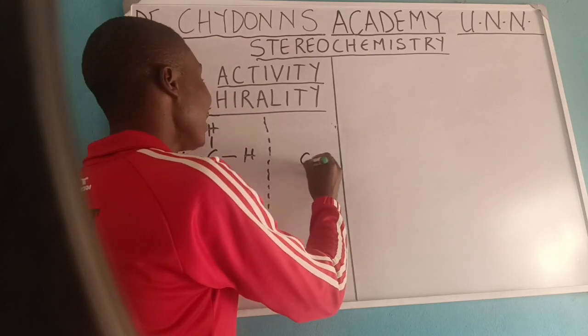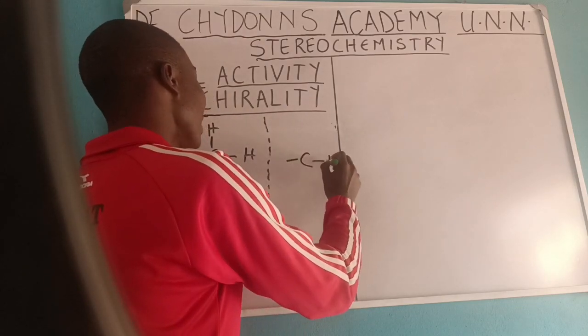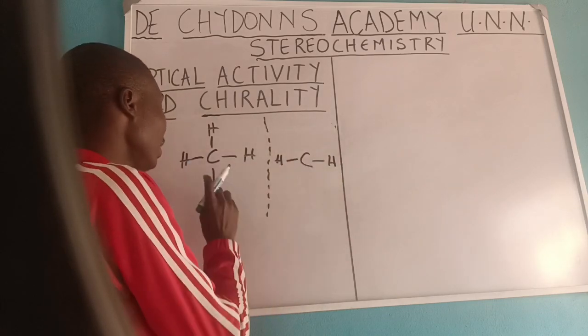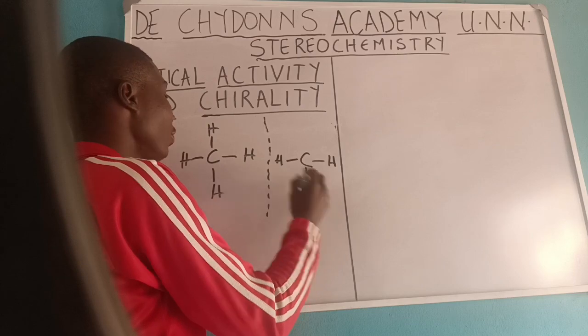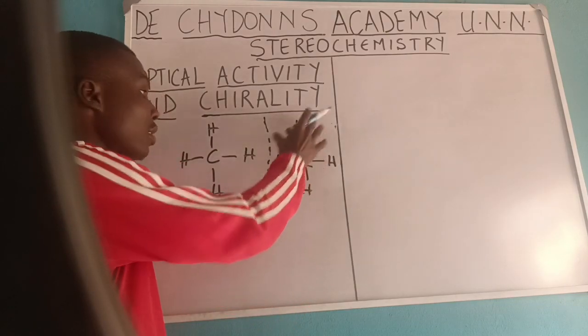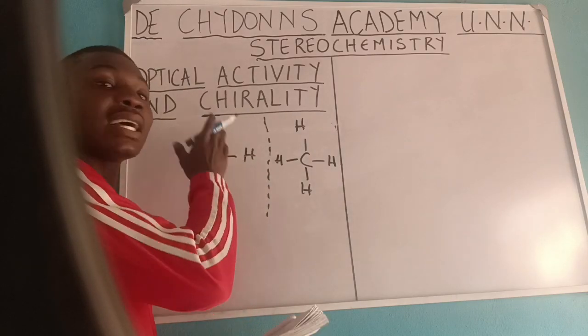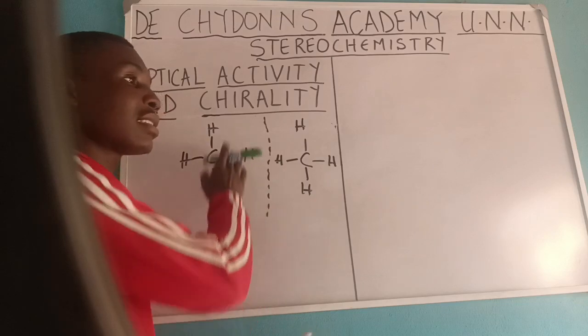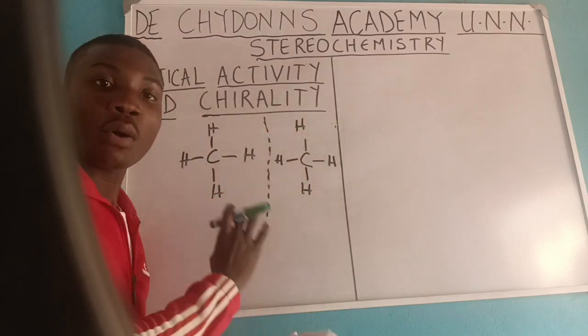You're going to see this also on this side. So this hydrogen is this hydrogen, and so on for each of the four. If you take this compound and put it on this compound, they are superimposable because they have the same things around the four different bonds.